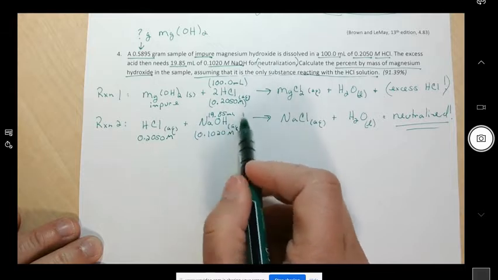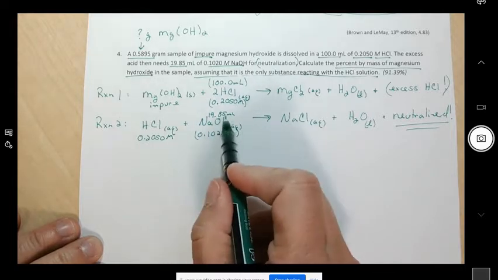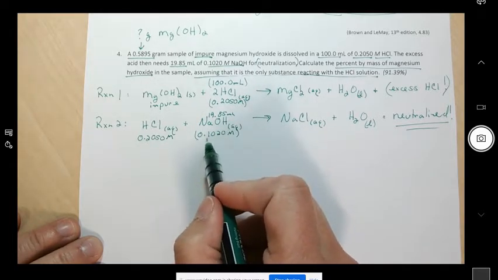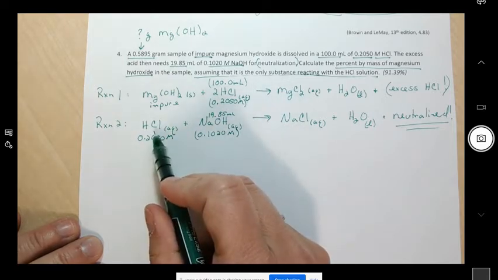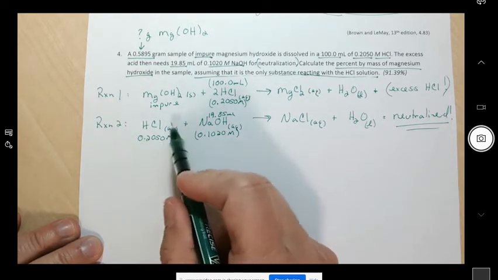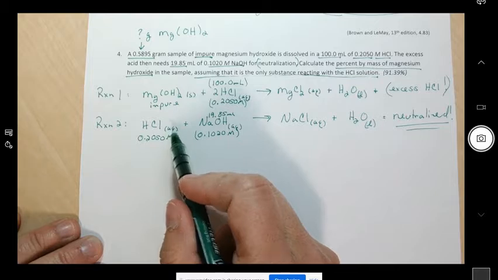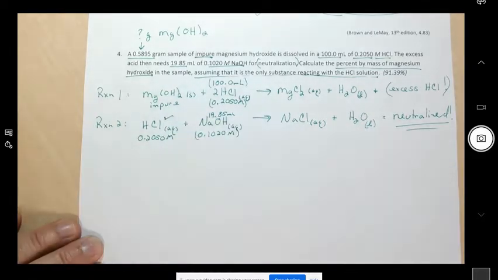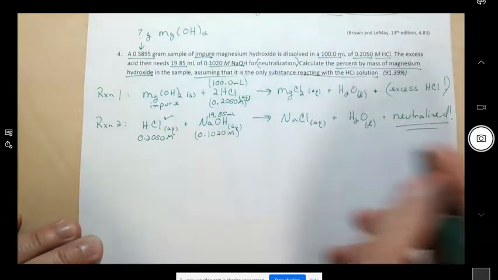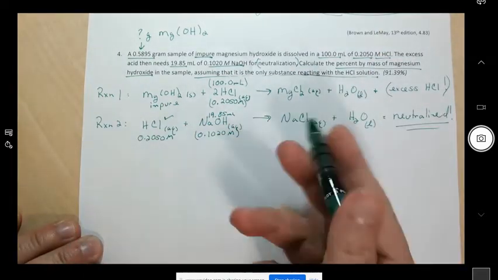We know that we reacted all 19.85 milliliters of the 0.1020 molar sodium hydroxide with the hydrochloric acid, and that used all the excess hydrochloric acid up. So I'm actually going to work backwards. I want to figure out how many moles of HCl I had in excess. So let's go ahead and we're going to work backwards, starting with reaction 2.